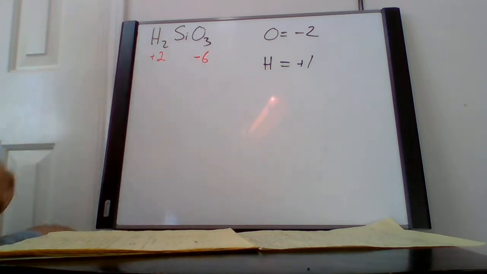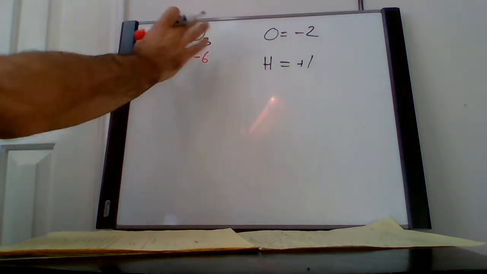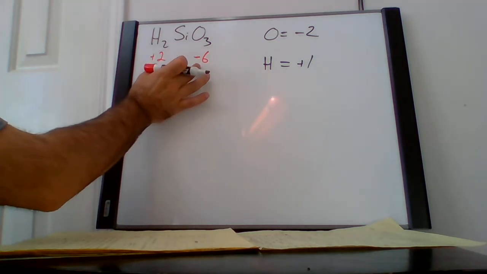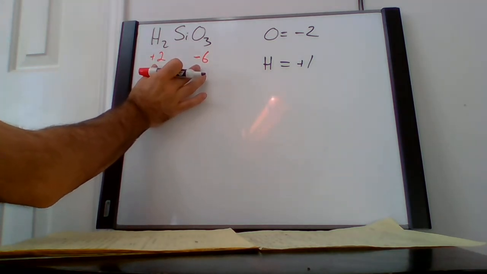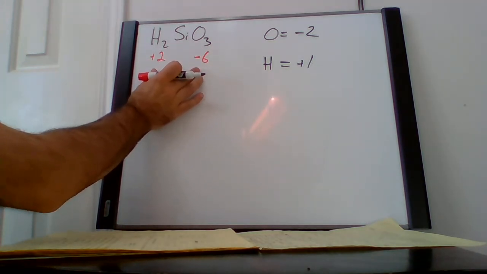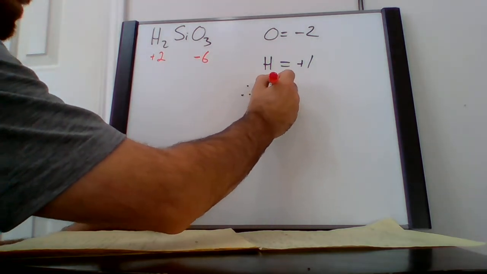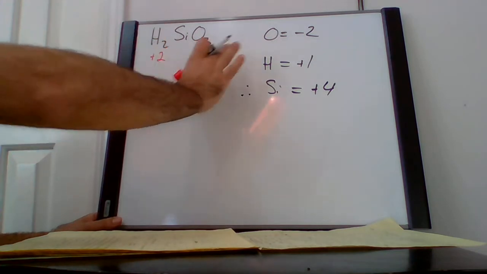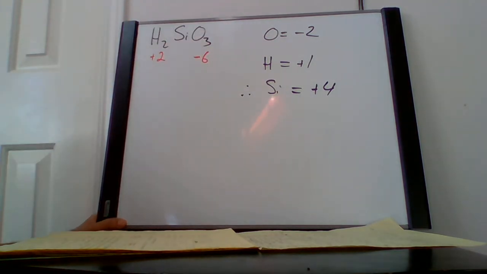Since I am dealing with a compound and not an ion, there is 0 charge, so everything has to add up to 0. Between my hydrogen and my oxygen, I have a total of -4.